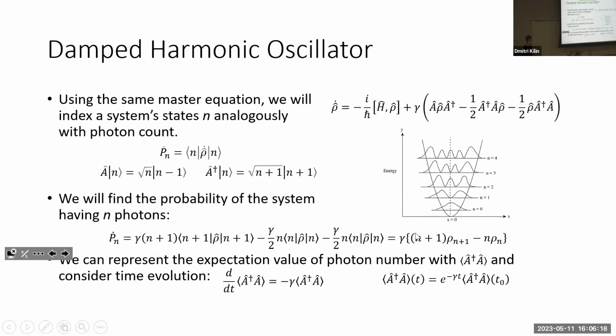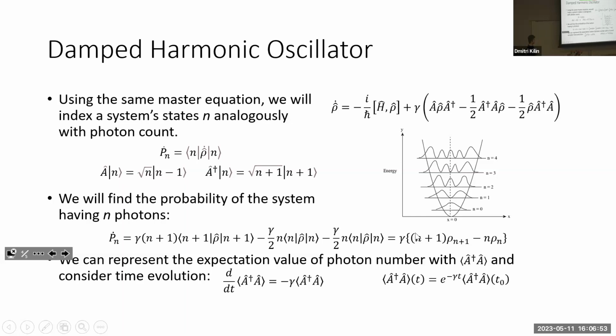In the case of a damped harmonic oscillator, we're going to be doing some similar things. We're going to use n states, but we want to still try to focus on two of them. We're going to do similar algebra to find the probability of the system having n photons. So the photon count can represent a state index.